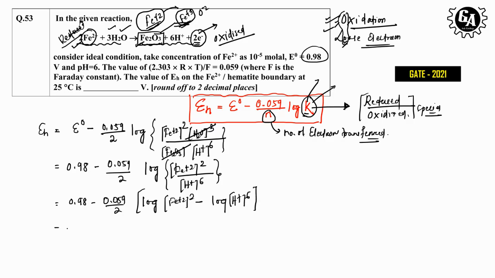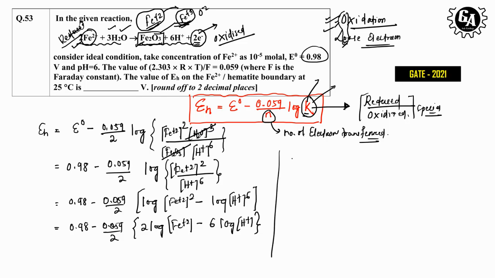This much is also fine, no doubt. 0.98 minus 0.059 by 2, this is 2 log [Fe2+], because this 2 will go here, and 6 log H+ concentration. This is also fine, no doubt. Now this Eh is equal to 0.98 minus 0.059 divided by 2, 2 log [Fe2+].